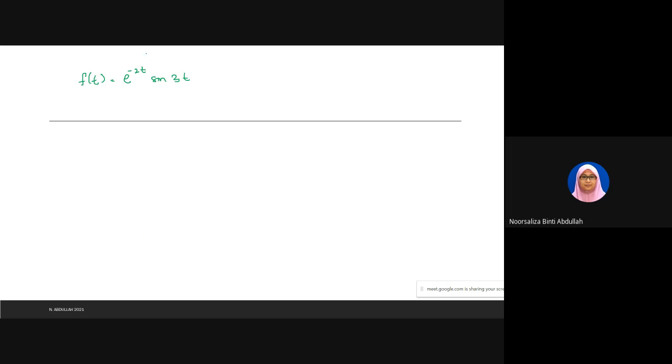Okay, so you want to find the Laplace for this one. Okay, for this one you can use a shift theorem. Okay, because you have an exponent here.